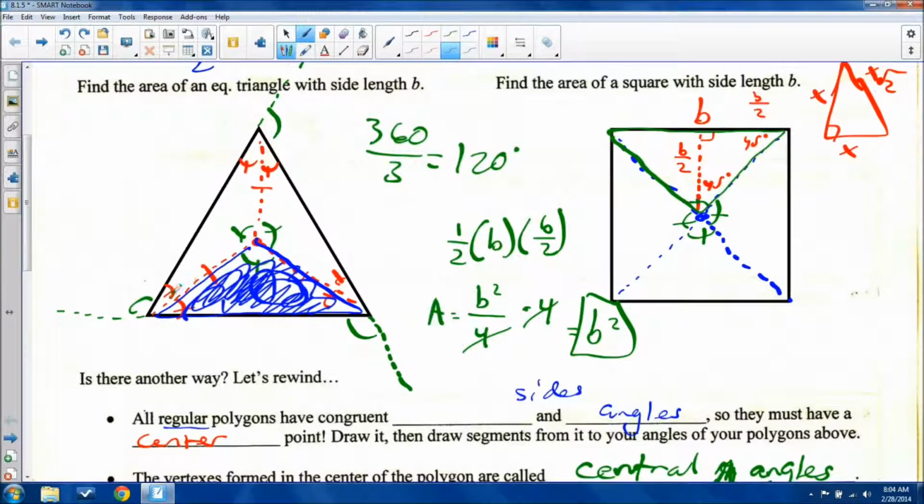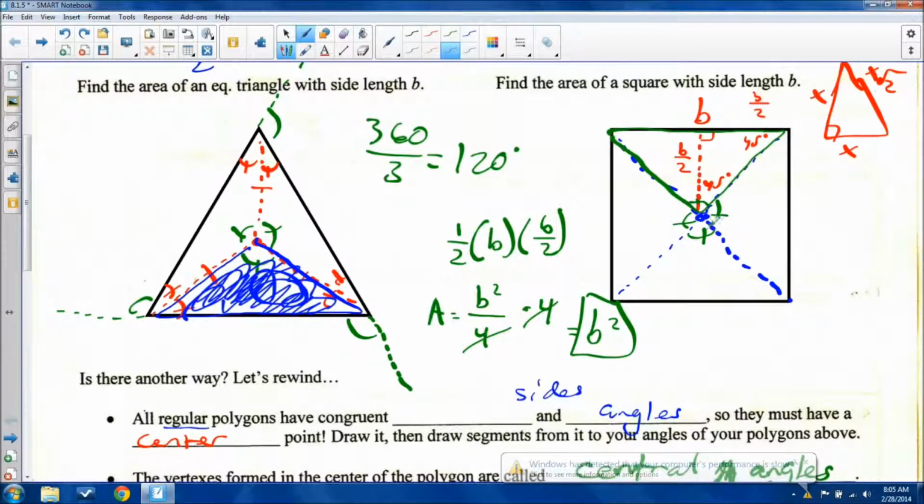And then I'd get the area of the entire triangle, which was like b squared root 3 over 4. Kind of something weird, right? But the square, when I took this triangle, to find the area of all of them, I multiply by 1, 2, 3, 4. So you notice here, the triangle, the three-sided shape, I multiply the triangles by 3. In the four-sided shape, I multiplied the triangles by 4.